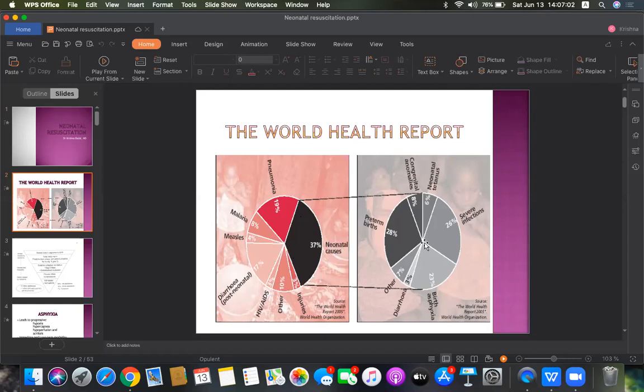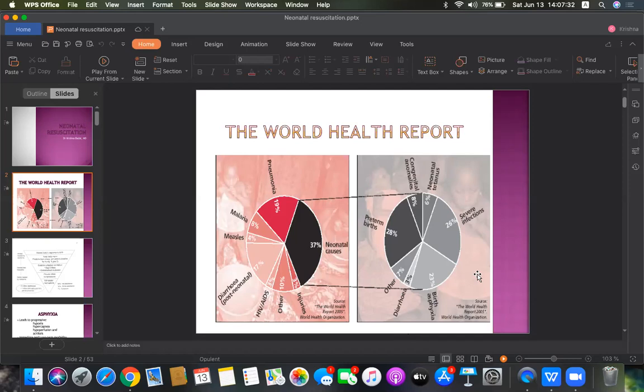Let's analyze those causes. Preterm birth is 28%, severe infection 26%, and birth asphyxia 23%, the majority among all. The rest: neonatal tetanus 6%, congenital malformation or anomaly 8%, diarrhea 3%, and other unclassified causes 7%.